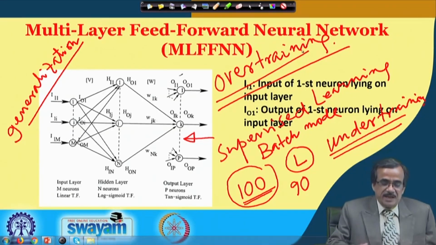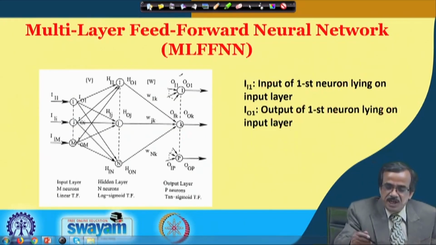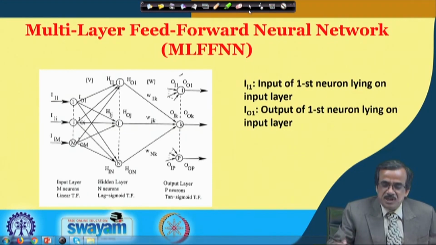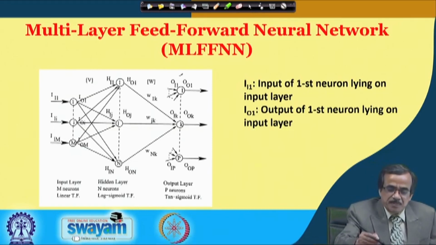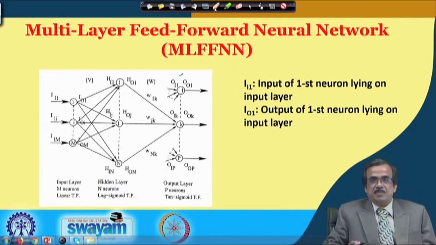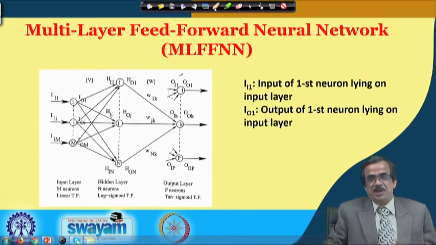And while carrying out this batch mode of training, there is a possibility that we may face another problem. That problem I am just going to explain, and this I have learned from my own practical experience.